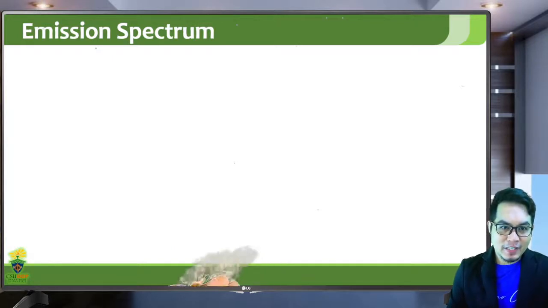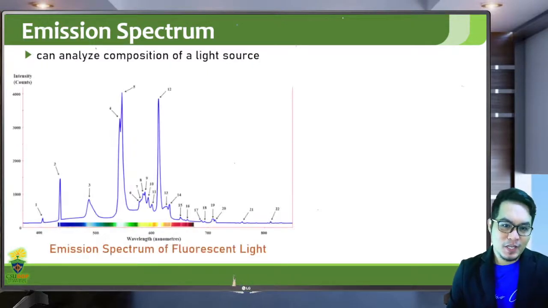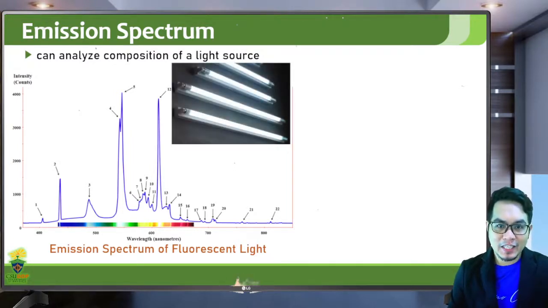Another thing an emission spectrum can do is analyze the composition of a light source. This is the emission spectrum of fluorescent light, only the light coming out of a fluorescent light bulb.